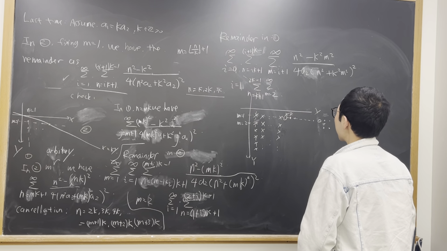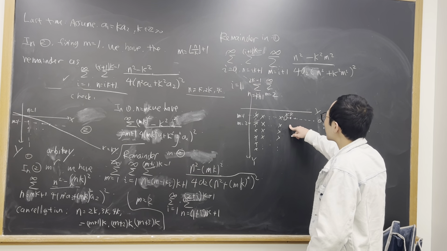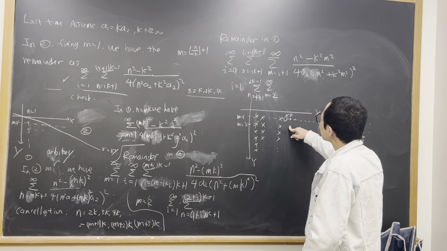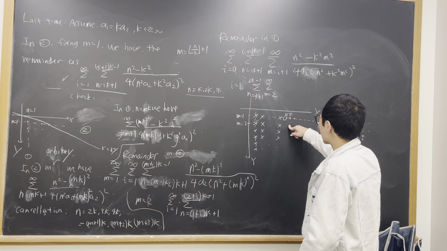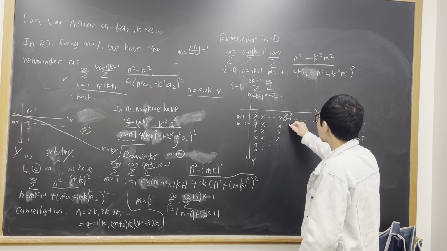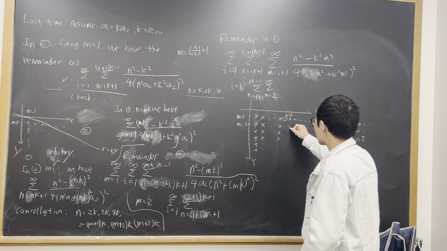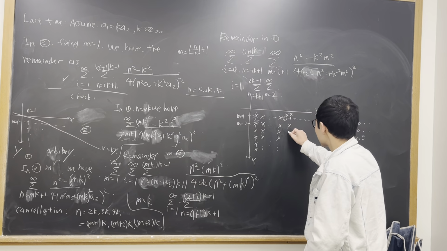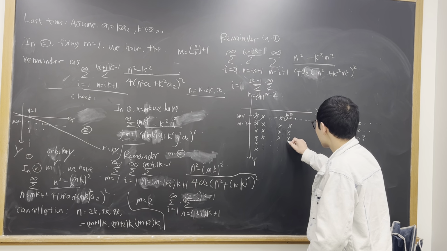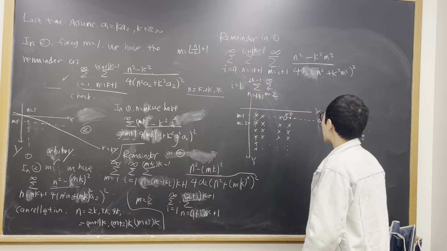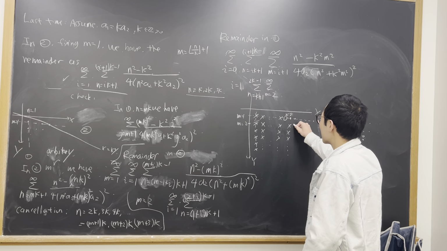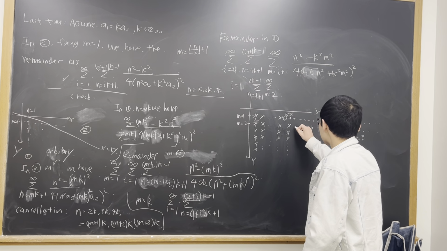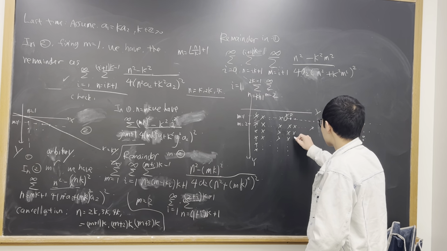Namely, this n starts here, at k plus 1, which is here, and m starts at 2, yes. Okay. And then n ends at 2k minus 1, right?